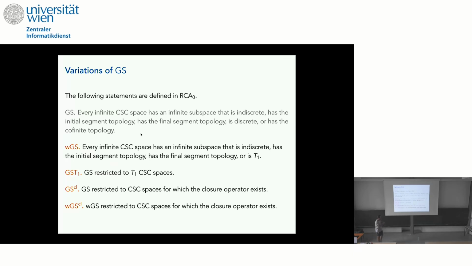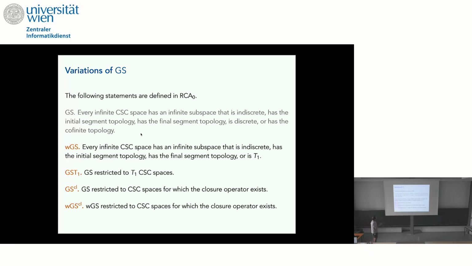Then we'll have GST1, which is like the complement of that, right? It's GS, but solely for T1 spaces. So it's of course just going to say every T1 CSE space has a subspace which is discrete or cofinite, right? It can't be any of the other three if you're a T1 space. Okay?